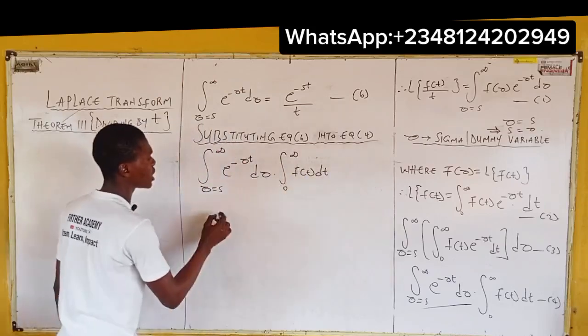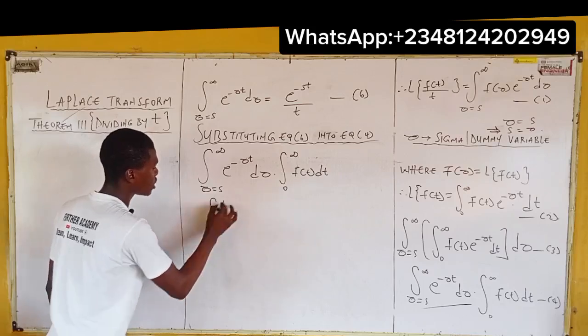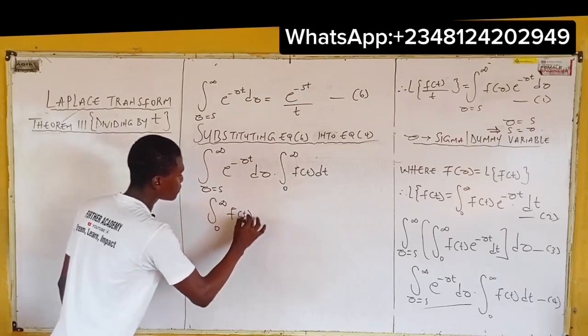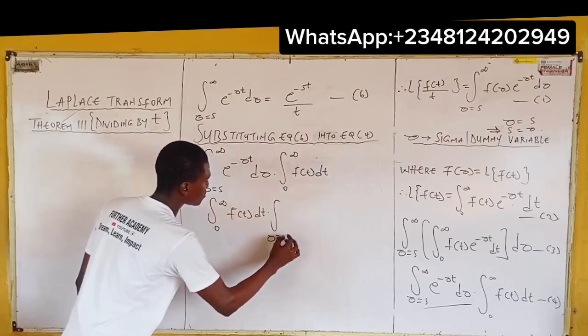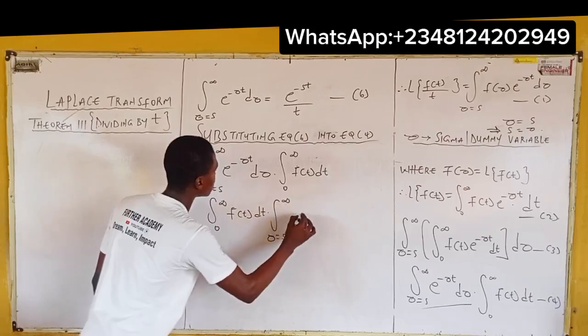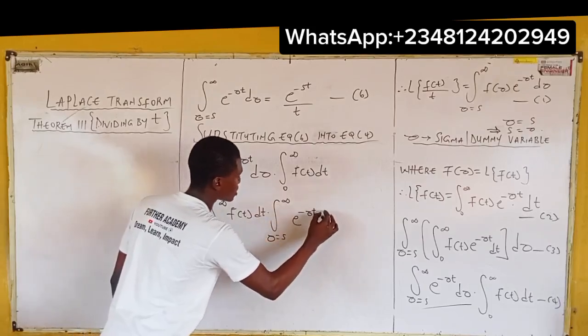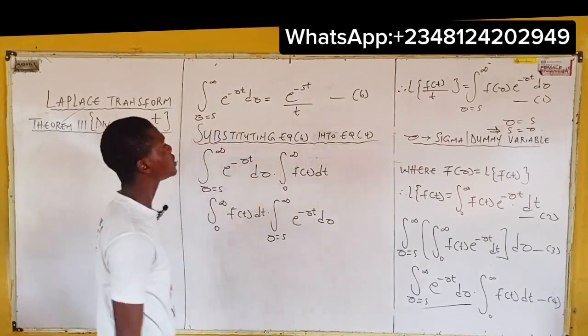We can rearrange this as the integral from 0 to infinity of f of t dt multiplied by the integral from sigma equals x to infinity of exponential negative sigma t d sigma.